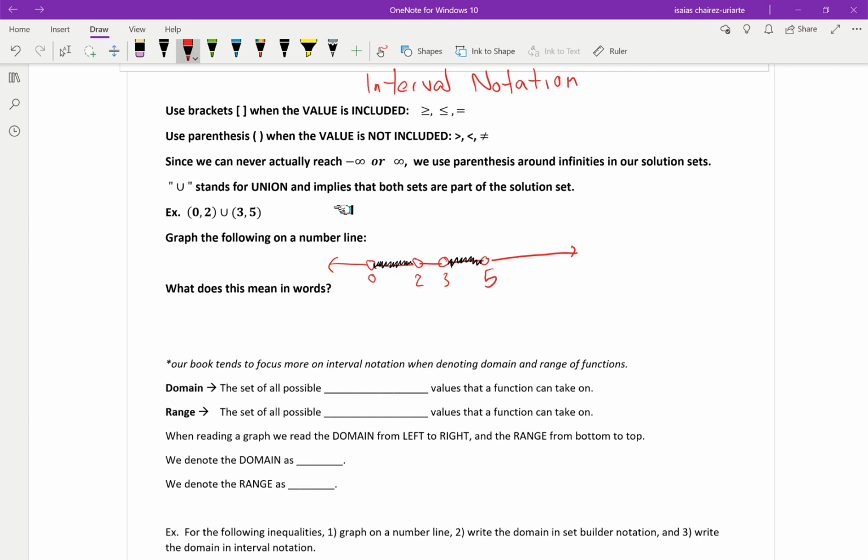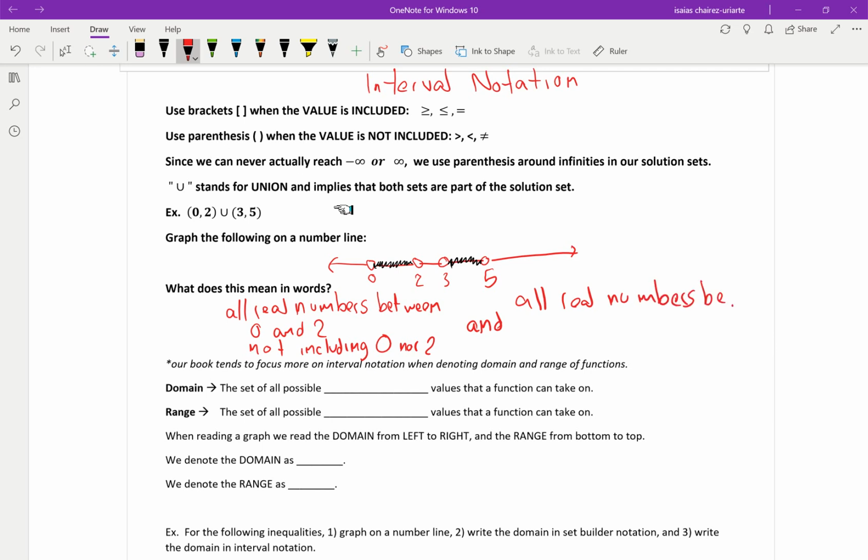So in words, what this set means is it's all real numbers between 0 and 2, not including 0 nor 2, and all real numbers between 3 and 5, not including 3 nor 5.